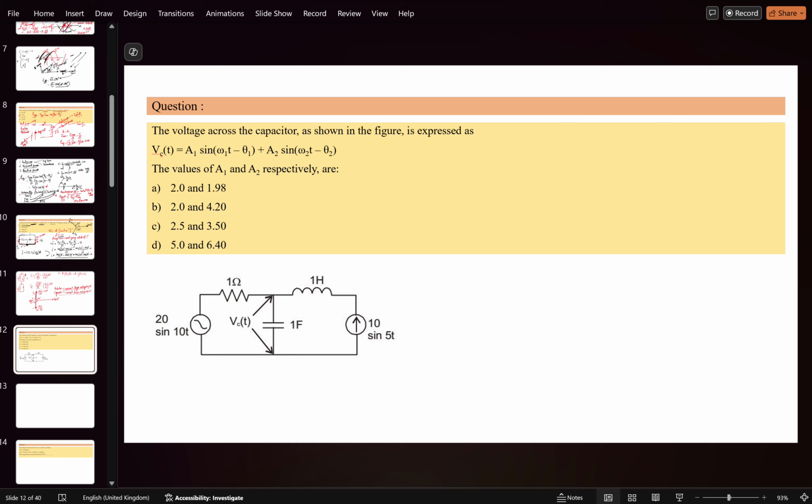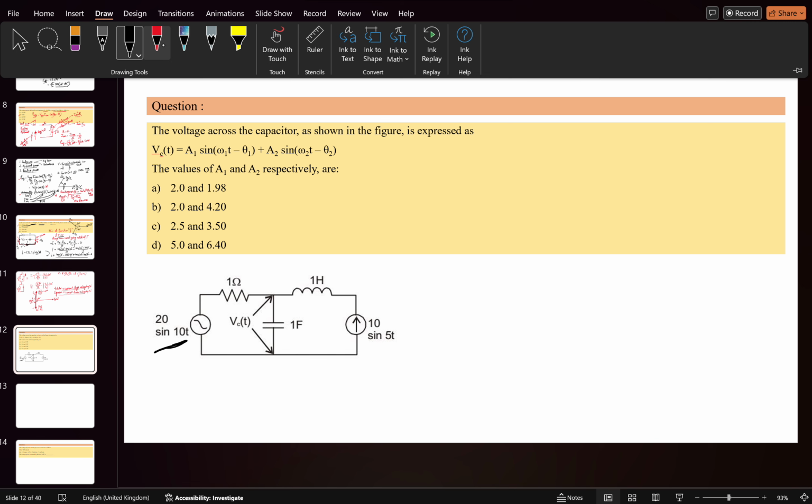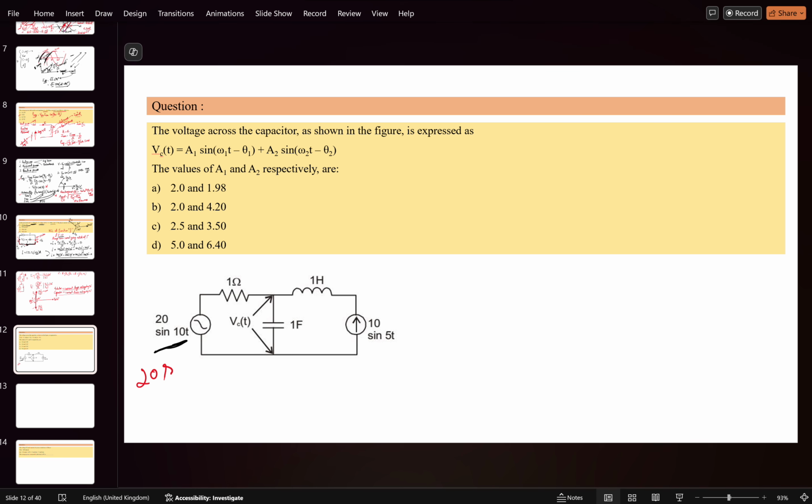If you see in this question, there are two sources. The voltage source is 20 sine omega t, here 20 sine 10t, and the current term is at a different frequency, sine 5t. It means they are at different omega values, omega 1 and omega 2.